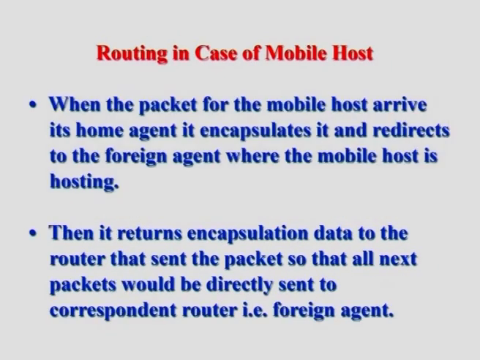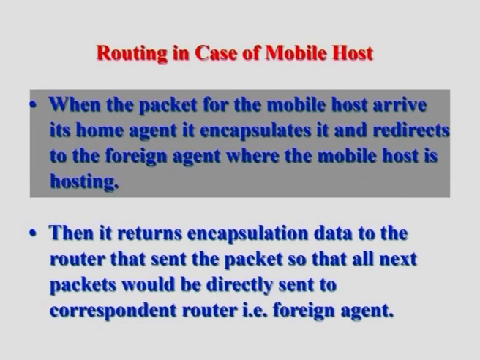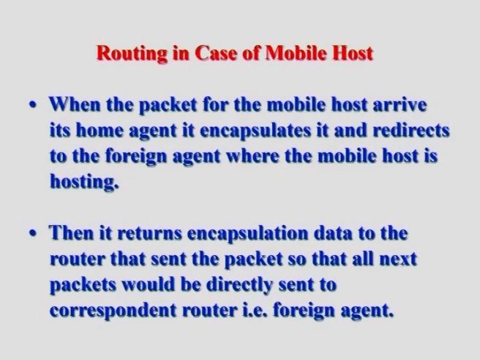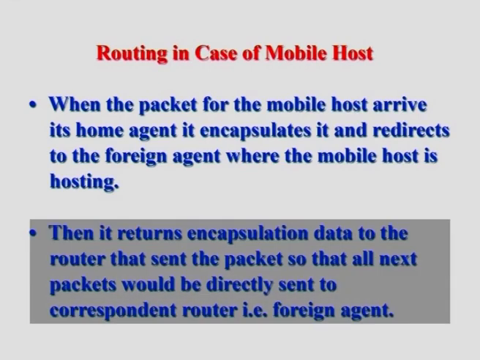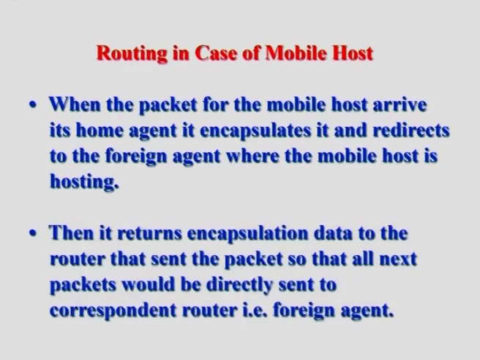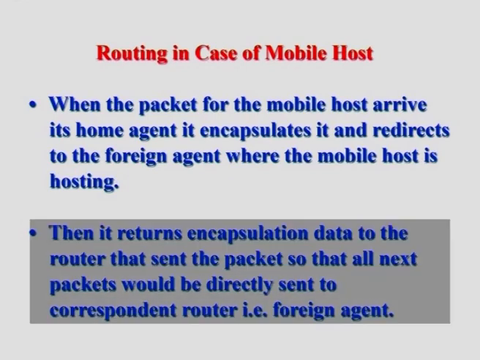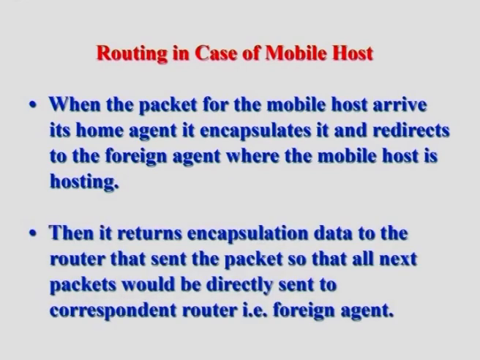When a packet for the mobile host arrives at its home agent, it encapsulates it and redirects it to the foreign agent where the mobile host is hosted. Then it returns the encapsulation data to the router that sent the packet, so that all next packets would be sent directly to the corresponding router, that is the foreign agent.